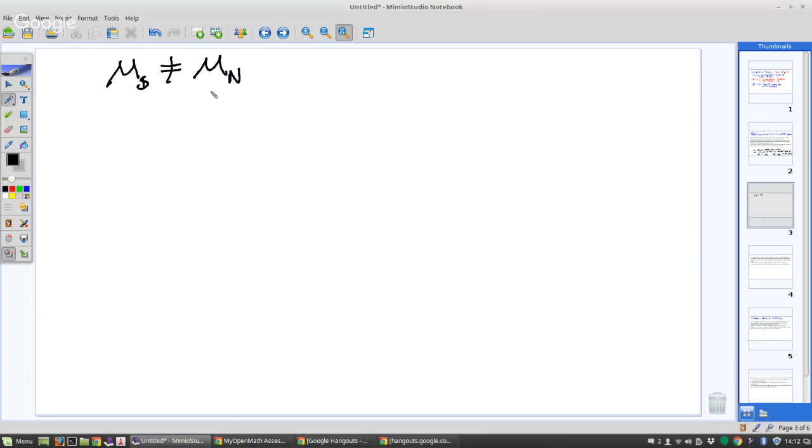And so I'm going to subtract this mu n to the left. So another way to view this hypothesis is that the difference in their averages, mu s minus mu n, equals, the difference is 0. Okay? So 0 difference means they're the same.